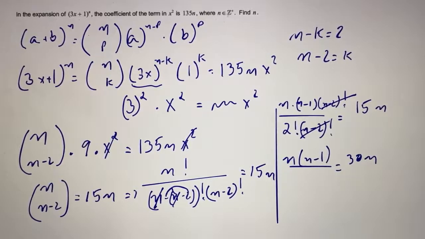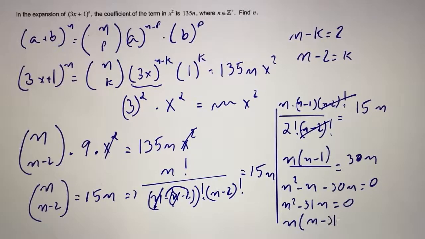And since n is a positive integer, well, this is going to look like n squared minus n minus 30n equals 0. And this is going to be n squared minus 31n equals 0. And if I factor out n, I get that n times n minus 31 equals 0.